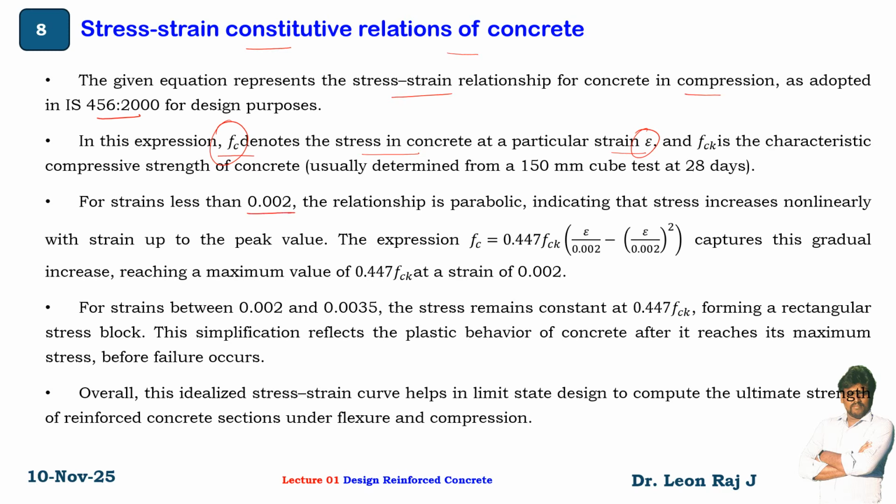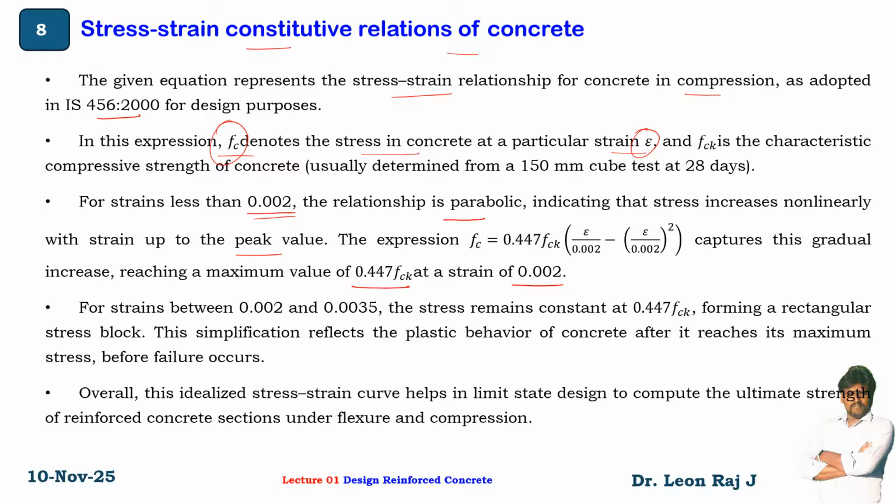For strains less than 0.002, the relationship is parabolic, indicating the stress increases non-linearly with the strain up to the peak value. The expression Fc equal to 0.447 FCK epsilon divided by 0.002 minus epsilon divided by 0.002 whole square captures this gradual increase, reaching a maximum value of 0.447 FCK at a strain of 0.002.